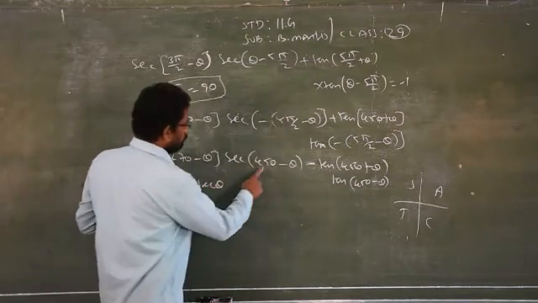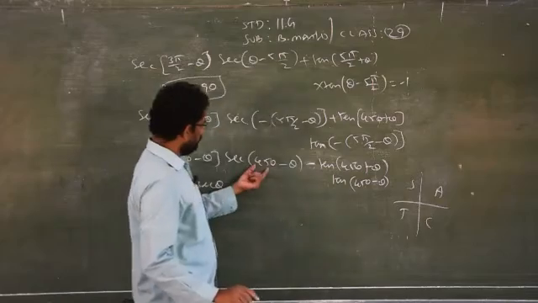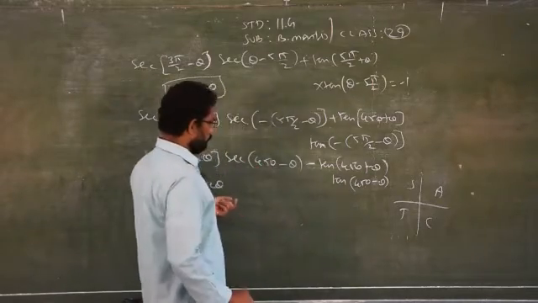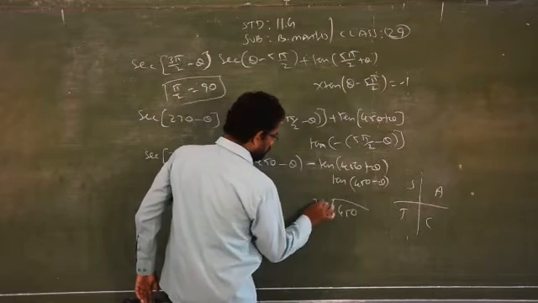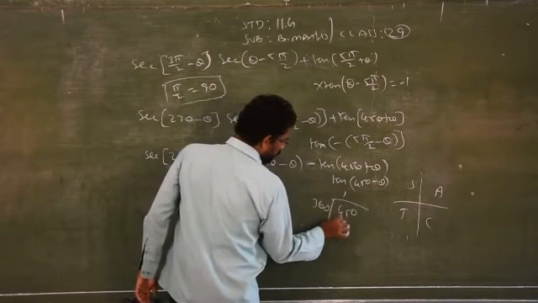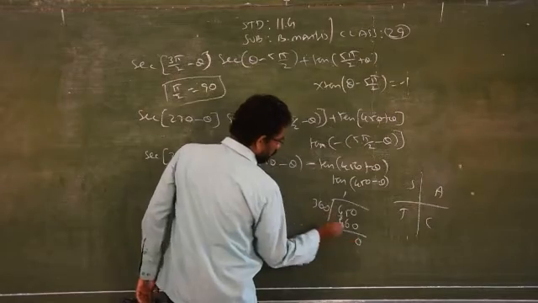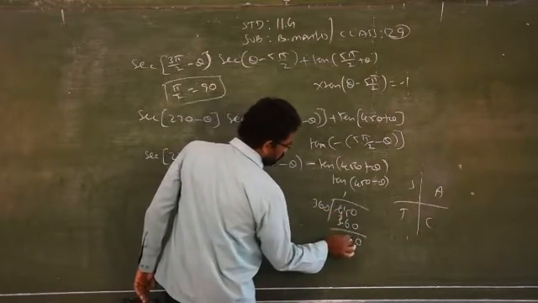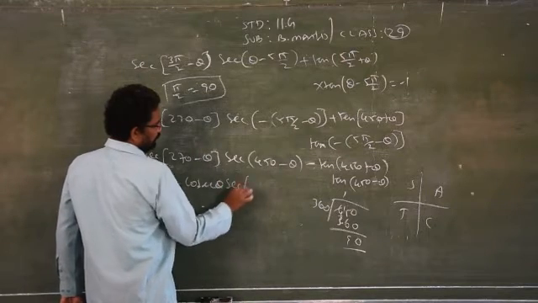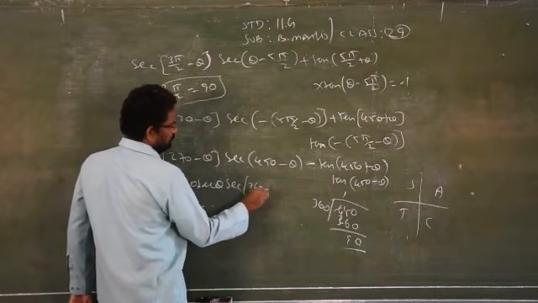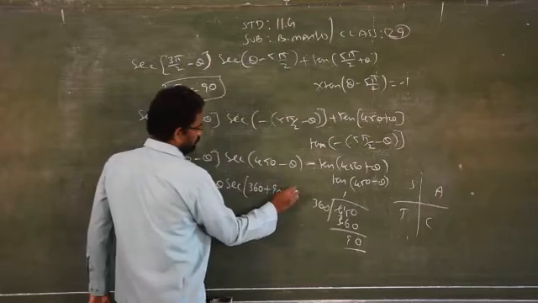That's all. Next to 450, I said 450. How do you write 450? 360. In 450, 360 will go only how many times? One time. 360, 0, 15, that is 690. So you can write secant as 360 plus 90 minus theta.